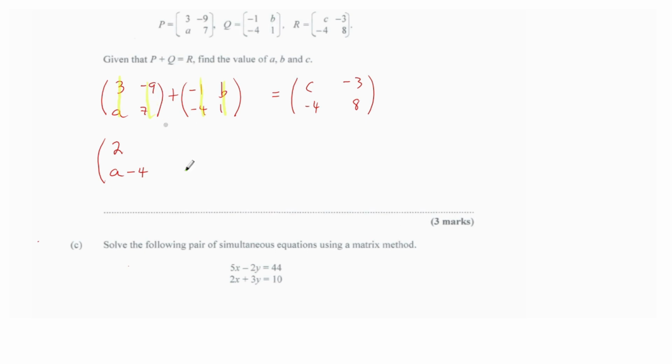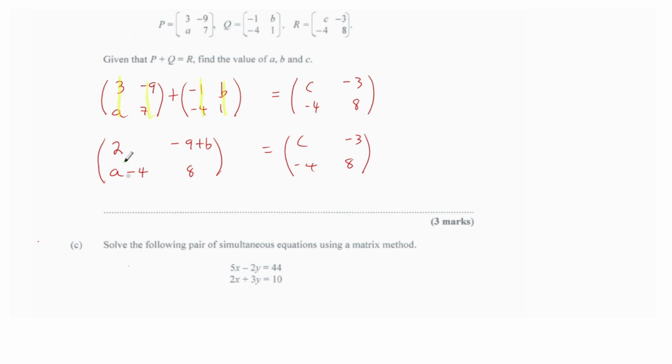Therefore, we have minus 9 plus B, and then we have 7 plus 1, and that's 8. And that is equivalent to C, minus 3, minus 4, 8.